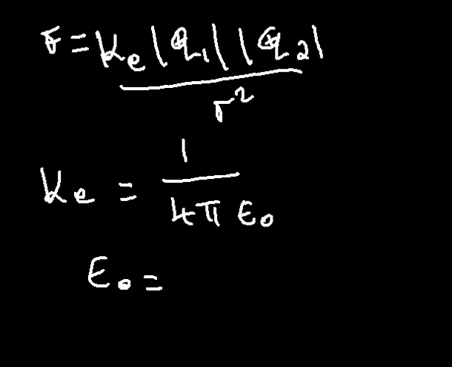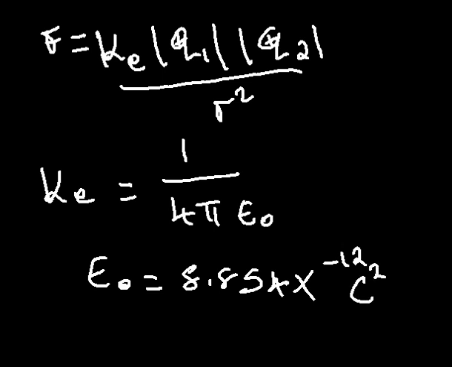Mind you, the force of attraction and repulsion exists within some media, and the ability of that force to exist within that particular media is part of what you call the permittivity of free space. That is given as 8.85 times 10 to the power negative 12, in Coulomb squared per Newton meter squared.